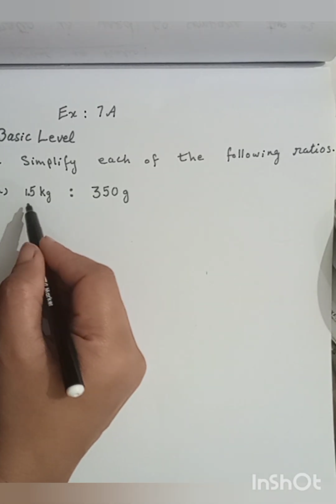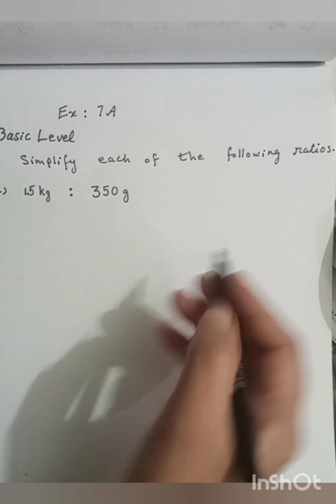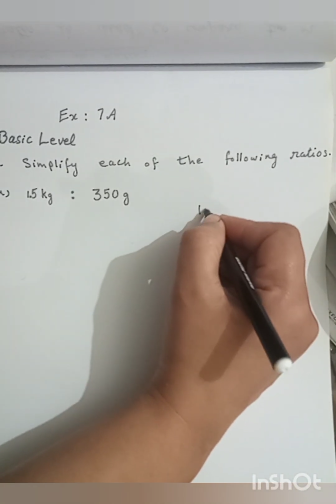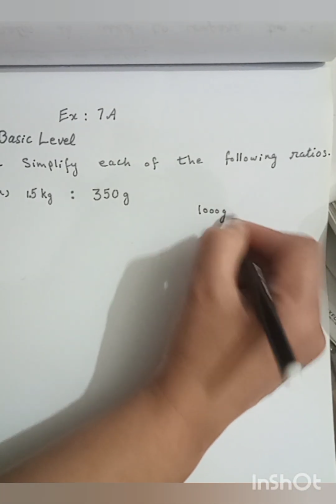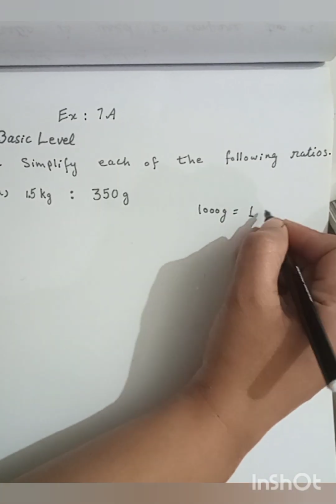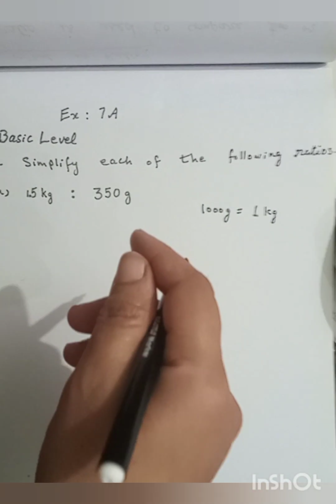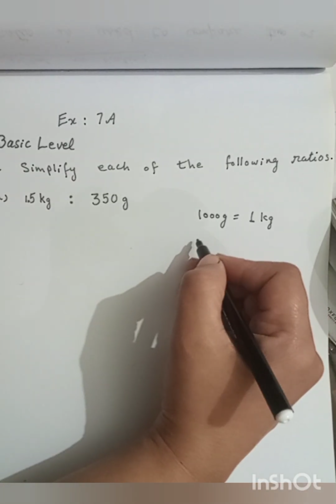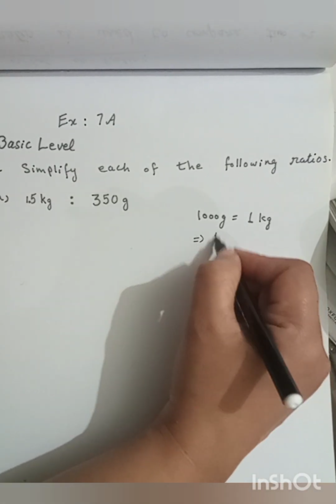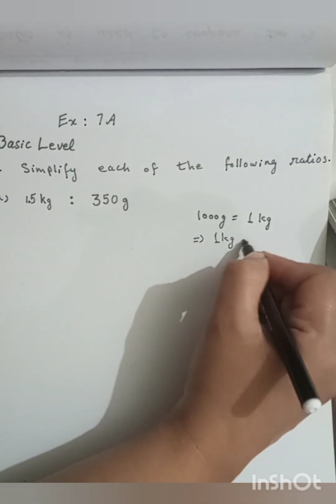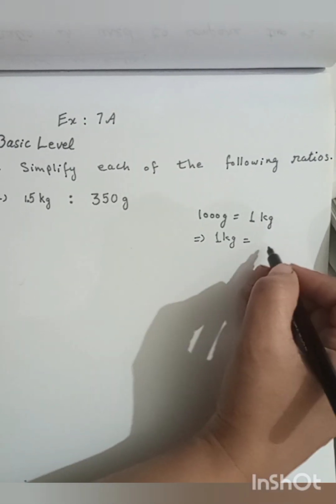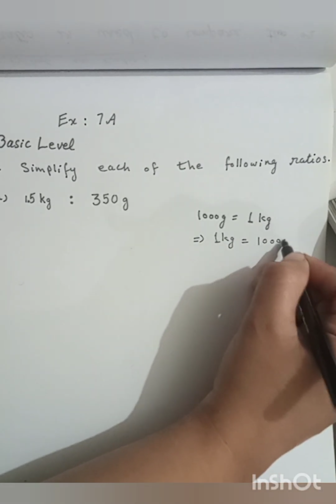Now the first step is to convert the kilograms into grams, as we already know that 1000 grams is equal to 1 kilogram. We can write 1 kilogram is equal to 1000 grams.